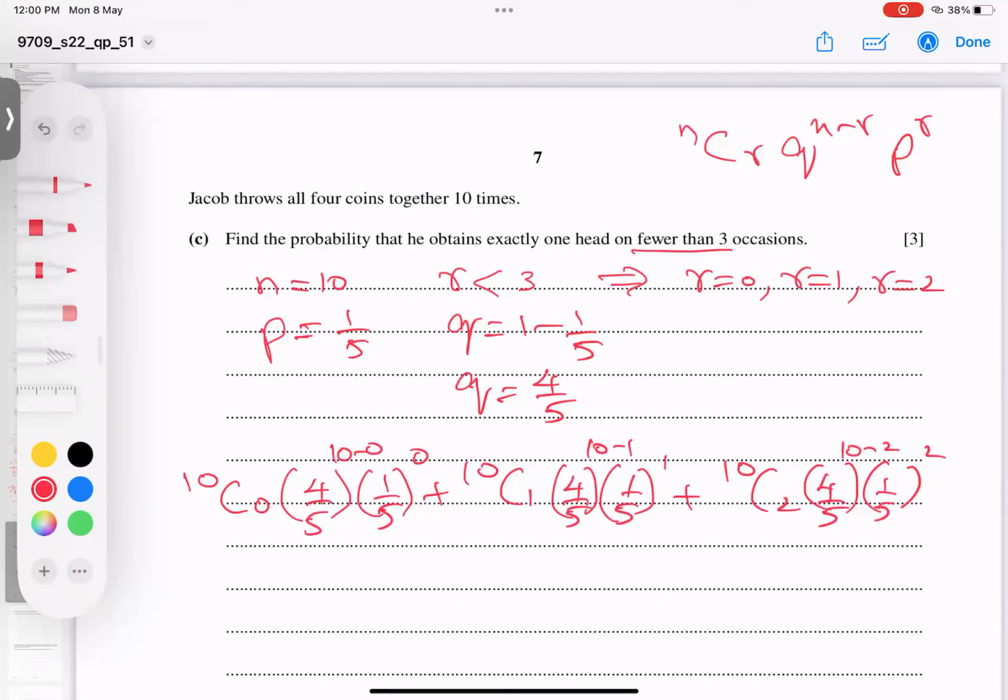And now students, if I type all together in my calculator, 10C0 is 1, something power 0 is 1, 10C1 is 10, and 10C2 is 45 as well. And final answer is coming with me 0.678. And I believe the point is very, very clear.